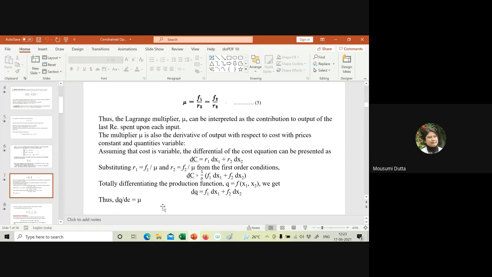The earlier one was the interpretation in terms of input, the worth of the last rupee spent on each input in terms of contribution to the output, in terms of their marginal product. And here, how the total output is changing with respect to change in cost. So how the value will be added to the output as there is a change in cost, as there is a change in spending.